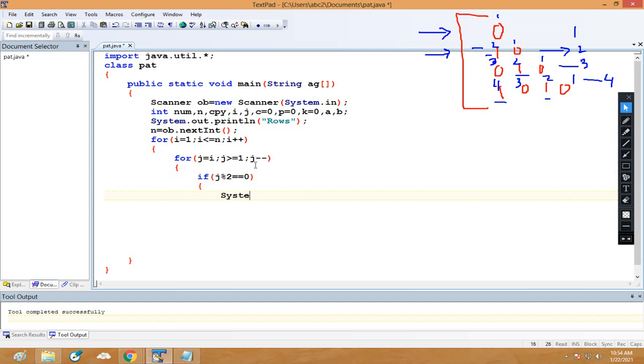If this condition is true, then we print 1, but if it is false, the else will execute. In that case, you are supposed to print 0. After that, just change the line.